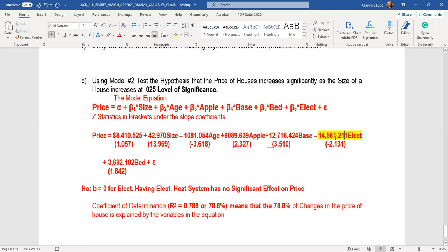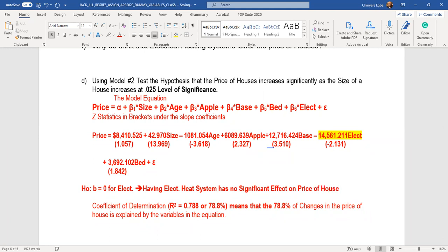Okay, because it is a statistical estimate, it might actually not be significantly different from 0. And so you state your null hypothesis that B is 0 for electrical systems for this particular slope, which means that having electrical heating system has no significant effect on price of a house.